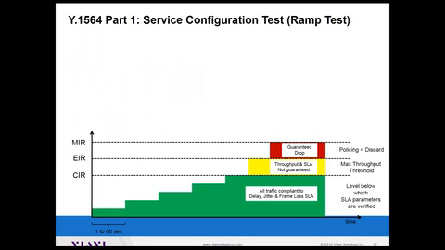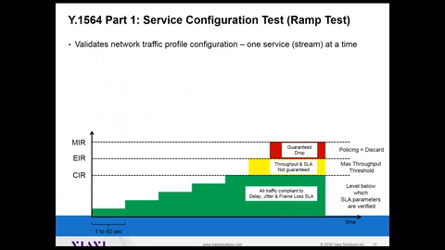So let's talk about the steps of Y.1564. It has two parts: the service configuration test, which some people call the ramp test, and you can see that it's going to be one service at a time. So if you had 3 services, you're going to take service 1, run the ramp test, then service 2, then service 3.